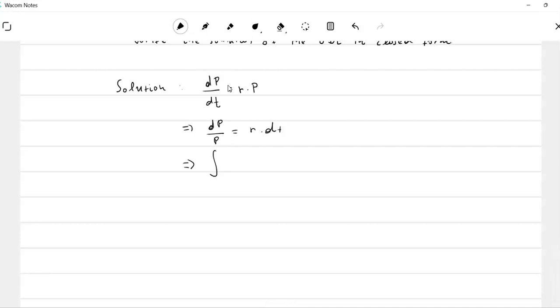So here I integrate. I have the integral of dp over p equals the integral of r dt plus the natural logarithm of c. So this is the constant that comes from doing the integration. So this is the natural logarithm of p equals r times t plus the natural logarithm of c.